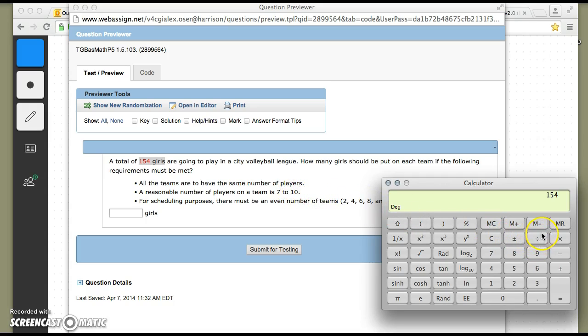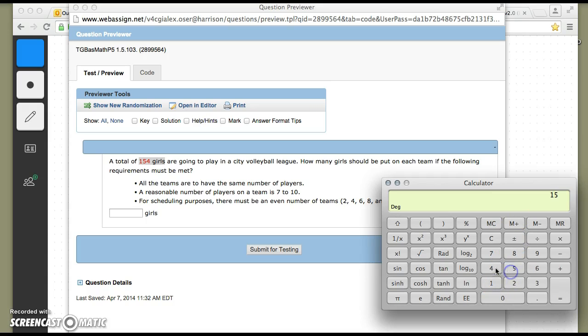So let's start dividing this number up and see if we can get a specific number of teams that yields between 7 and 10 players. Let's say we divide them into 15 teams. When we divide into 15, notice that we're seeing a decimal at the end. What that tells us is that there is a remainder, so we can't have that.